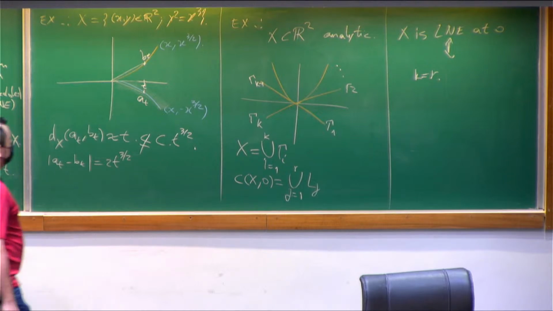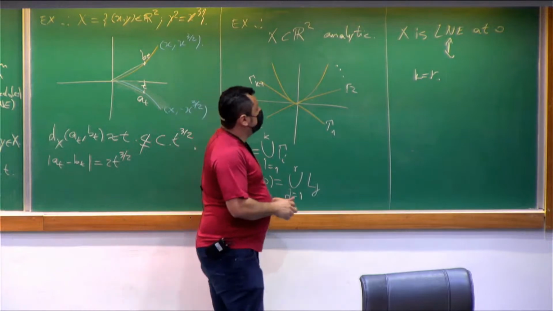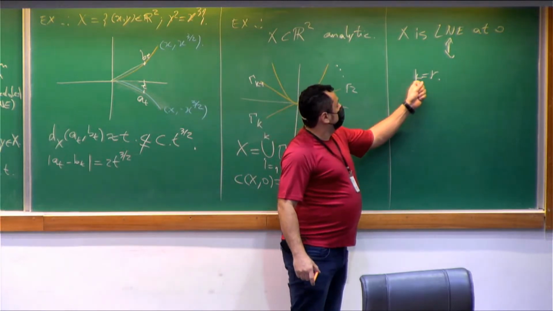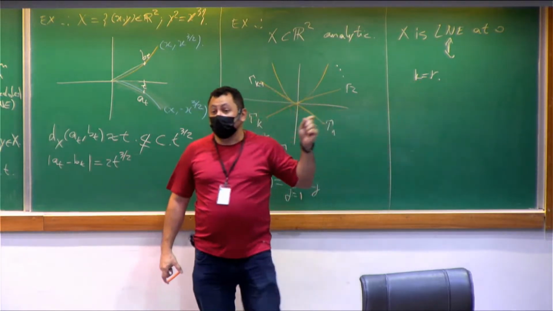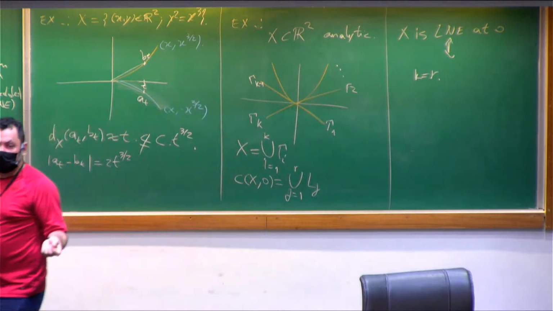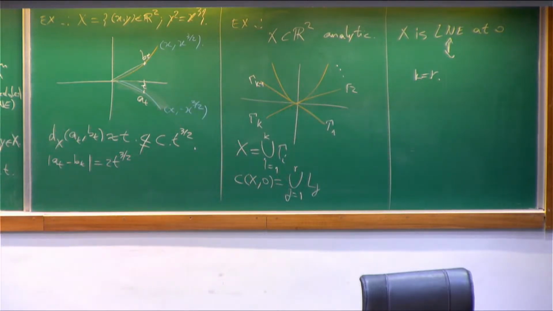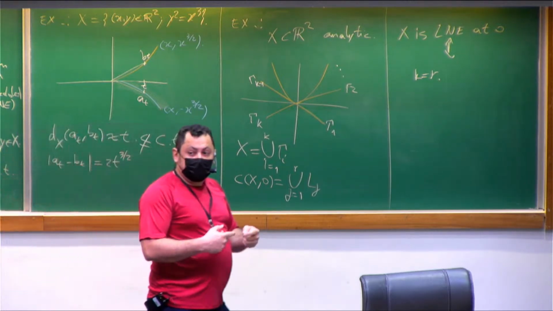In the complex case, we take into account not half branches but the branches, the irreducible components of the curve. If a curve is LNE, any irreducible component is smooth, and they are transversal.